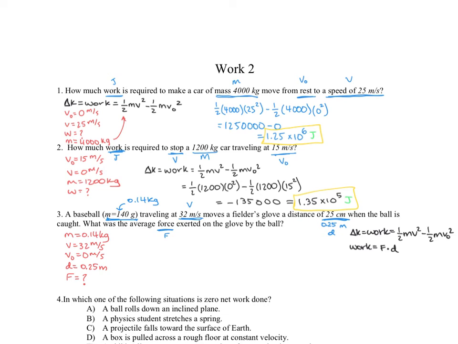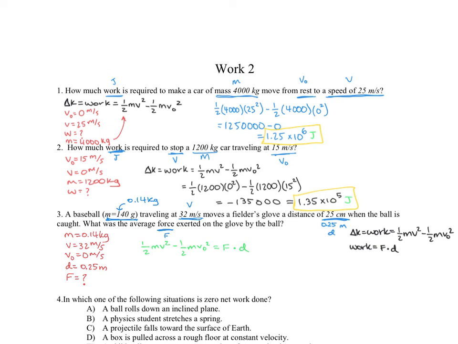We would have to set these equations, 1/2 mv squared minus 1/2 mv naught squared, together with force times displacement. So we're setting these two equations against each other because since both of these equations equal work, we are able to set them equal to each other because they will always be equivalent when, of course, you're given the right information. They will always be equivalent because they both equal the same amount of work.